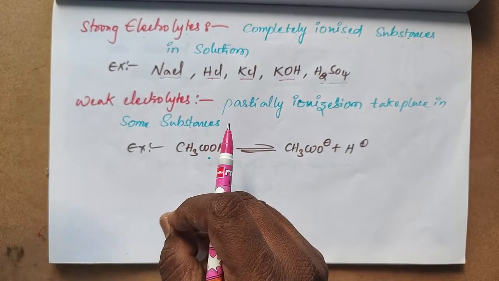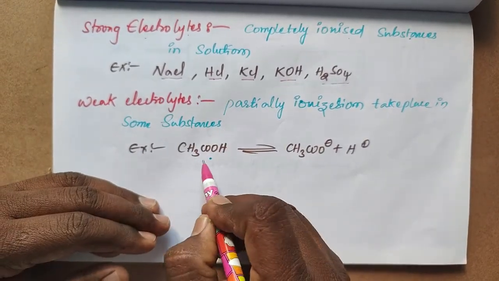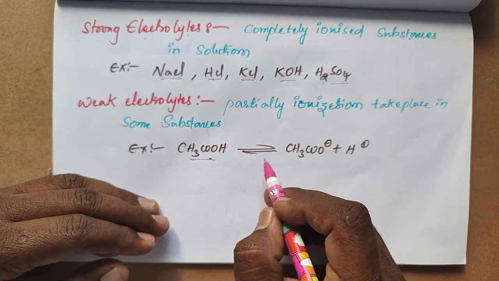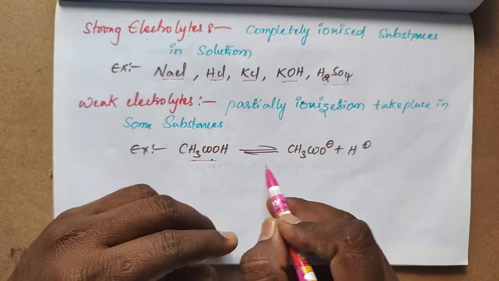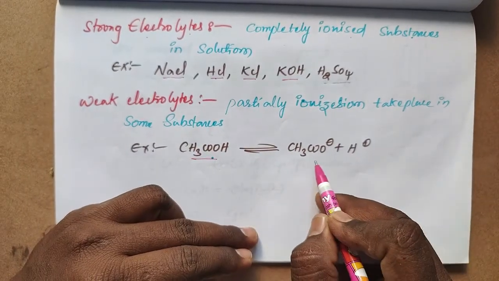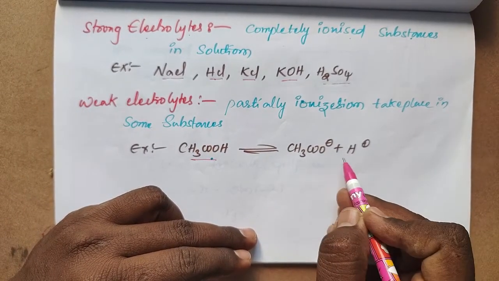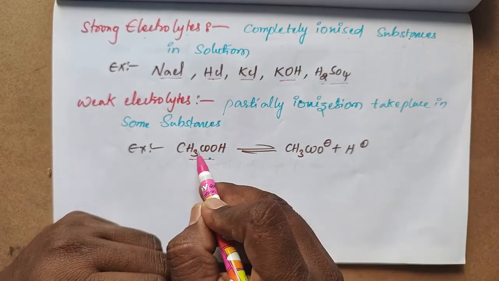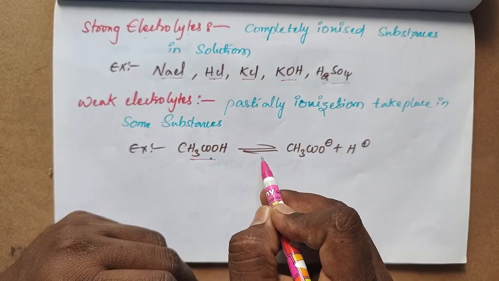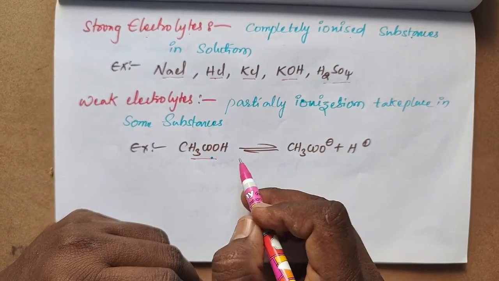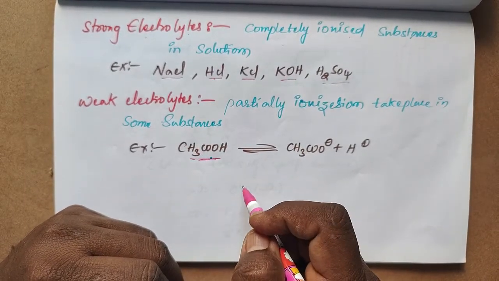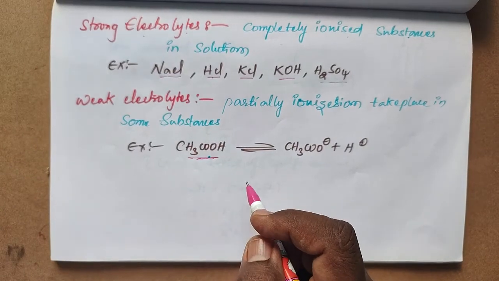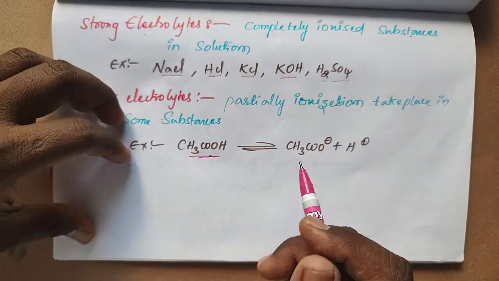For example, acetic acid forms acetate ion and H+, but the reaction also takes place in the backward direction, so equilibrium is established. This is a weak acid, so it is taken as a weak electrolyte. These are the types of electrolytes.